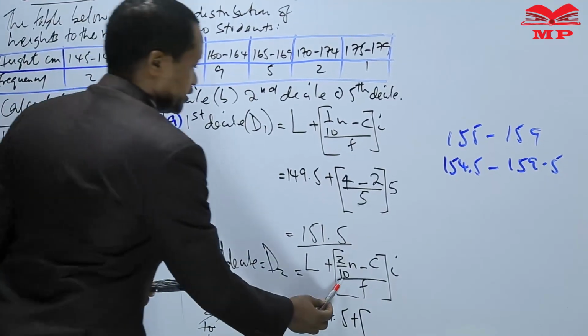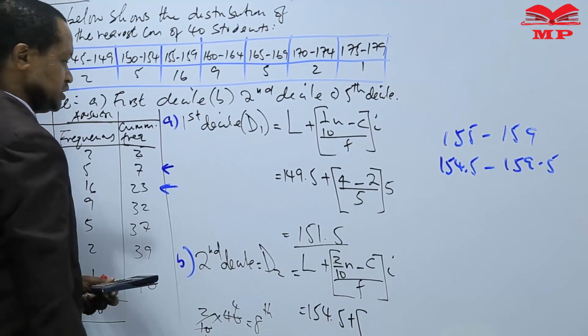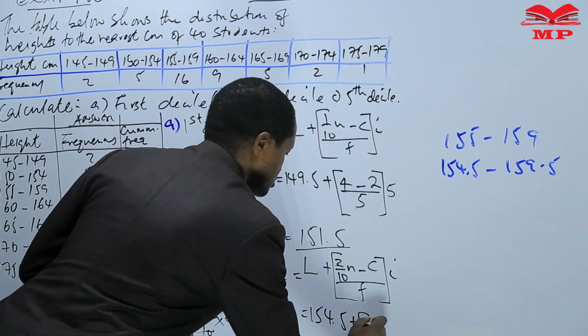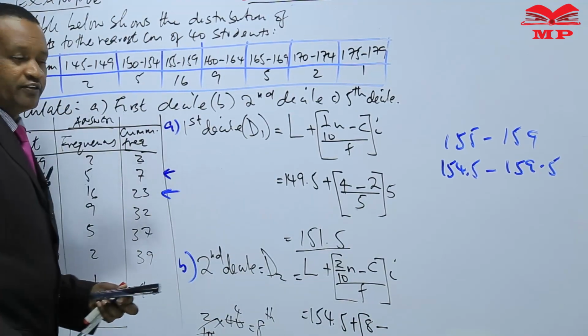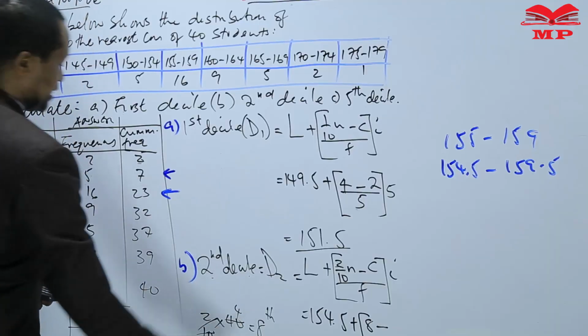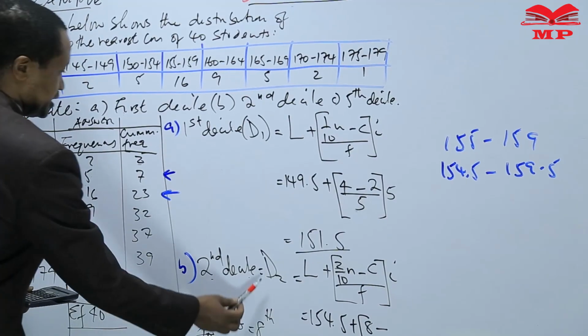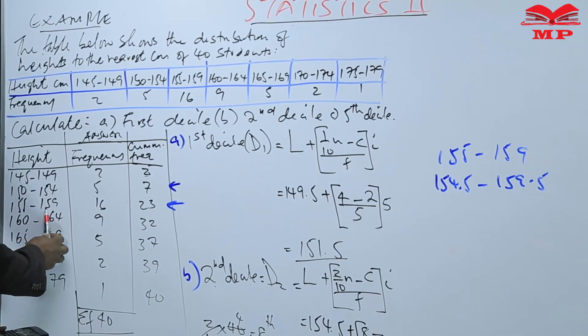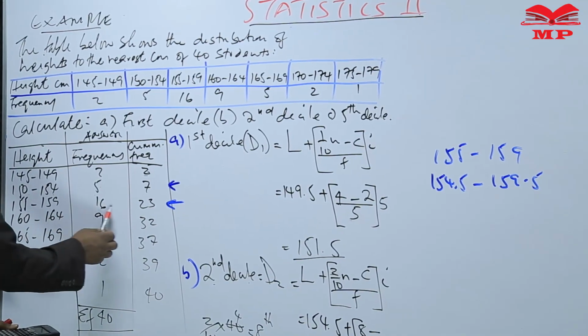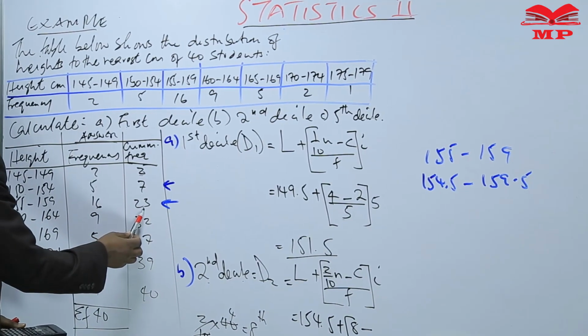plus 2 over 10 times n, which is equal to 8, minus the cumulative frequency above the second decile class. We have this second decile class here, okay? This is the second decile class.